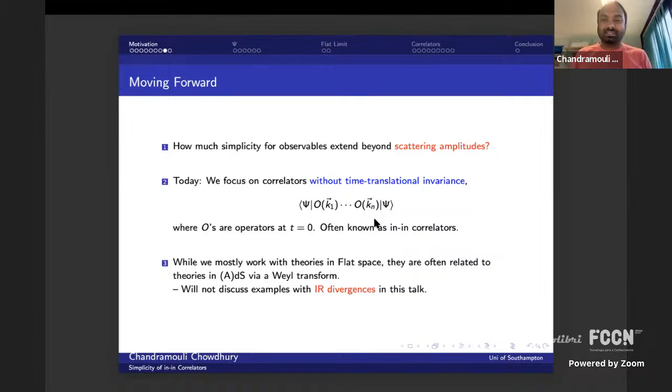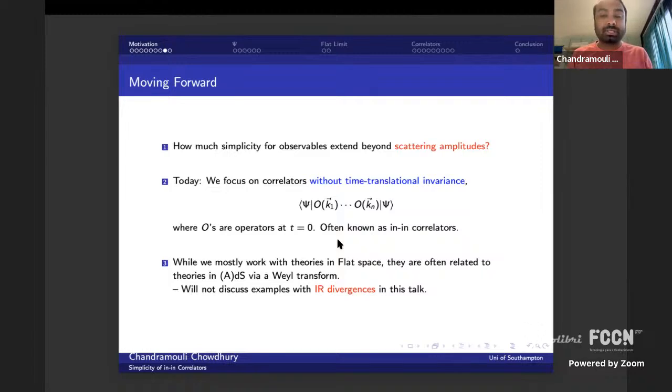You could, of course, ask this in flat space itself, where you just take any state you like, which is denoted by psi, and you have some insertions of operators, all at some given time slice. And the spatial points are not important, so you can take a Fourier transform along that direction. And since the operators are inserted at a given time slice, you're clearly breaking time translation invariance.